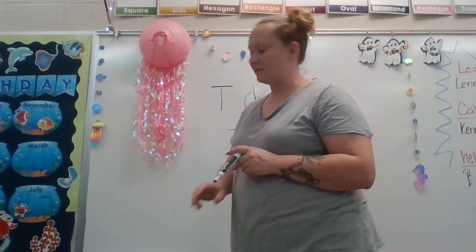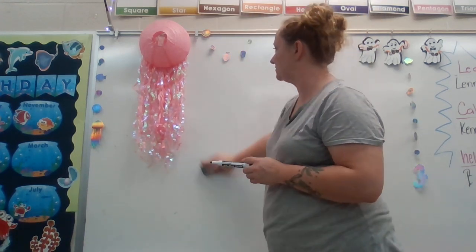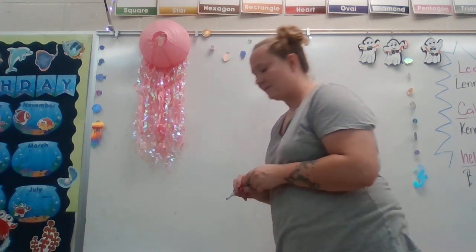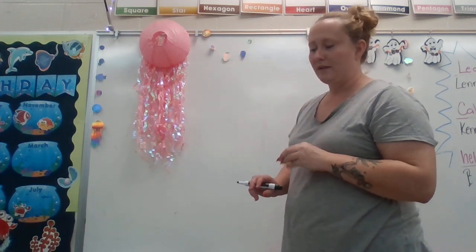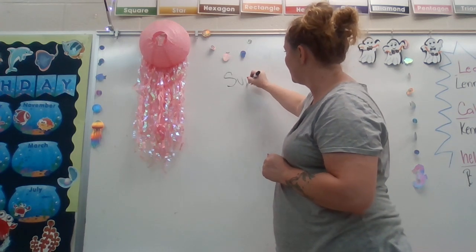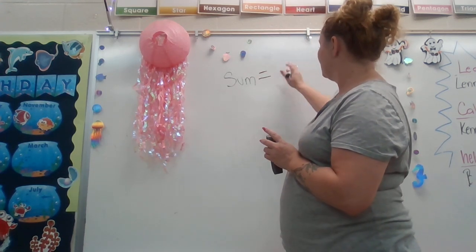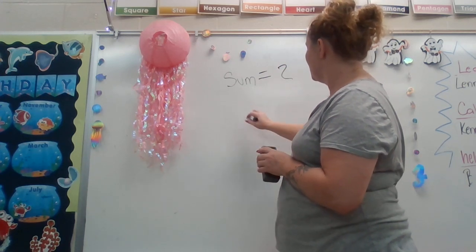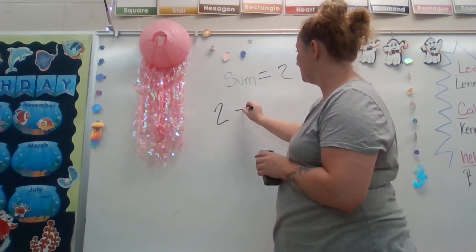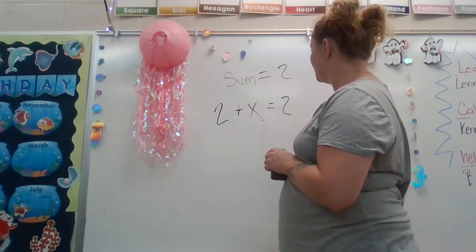So to take that a step further, what if we have the answer and we're trying to find what the letter represents? Say we have the sum. The sum equals 2, but we have 2 plus x equals 2.